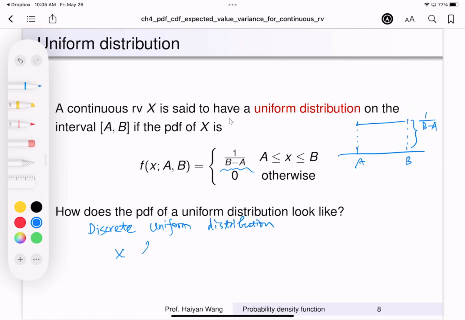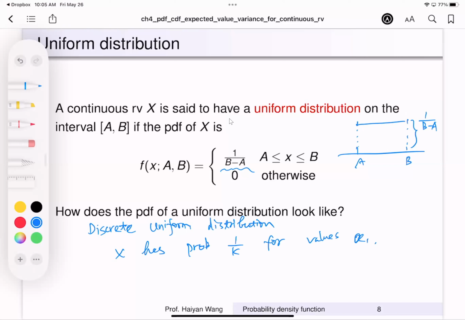Say x has a discrete uniform distribution, with probability 1 over k for values a1, a2, a3.